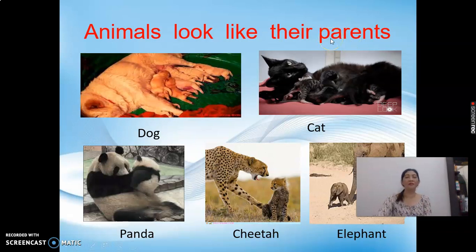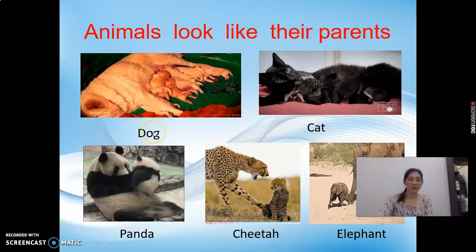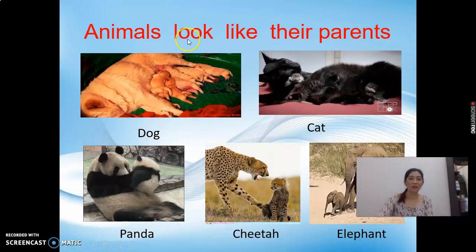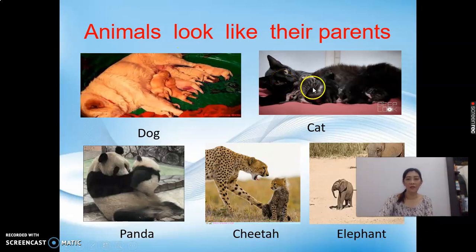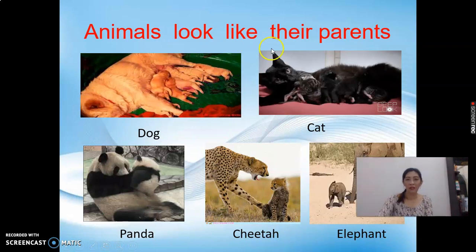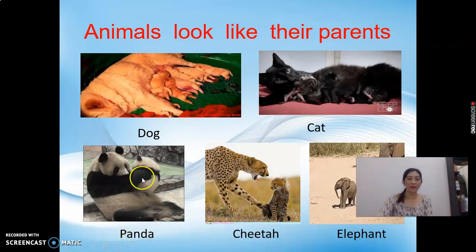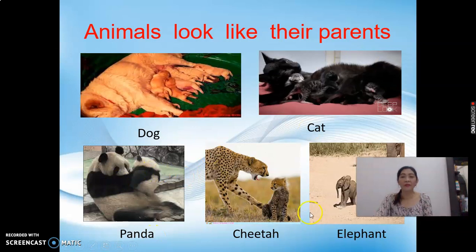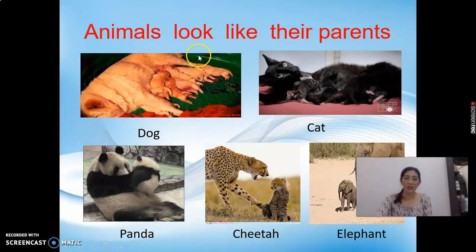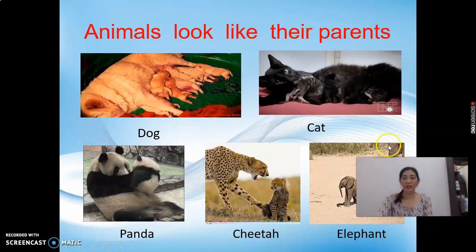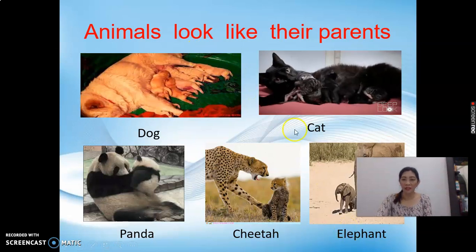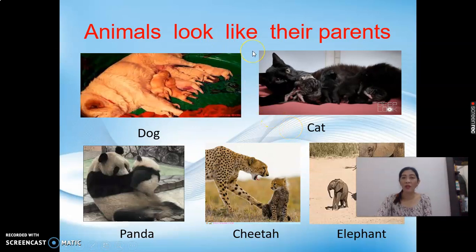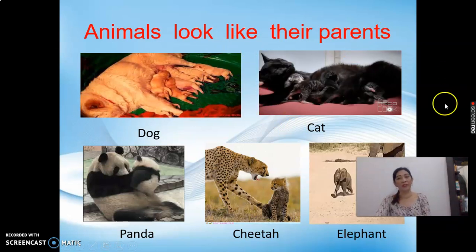So the examples are dog, they look like their parents. Cat, they look like. Panda, they look like. And cheetah looks like. And elephant, they look like. So these are the examples of animals that look like their parents.